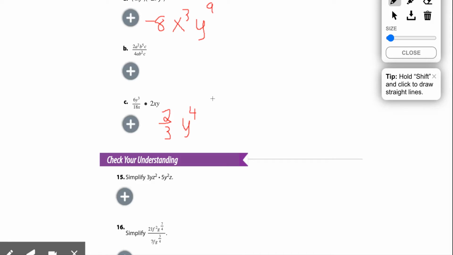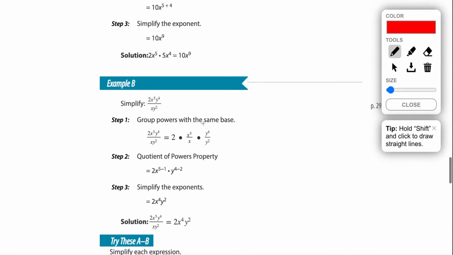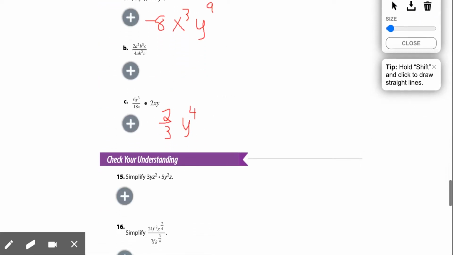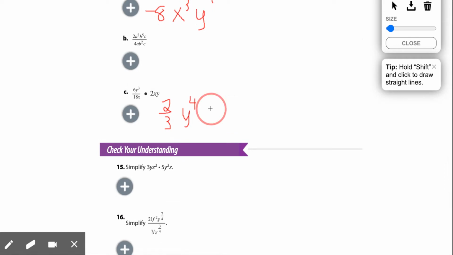So that'll be x to the 1 minus 1, which is 0, which is a rule that they just said. It shouldn't happen, but this is what does happen when it does happen. X to the 0 power is 1. And 1 times anything is just that number. So 2/3 y to the 4 times 1 is 2/3 y to the 4th.